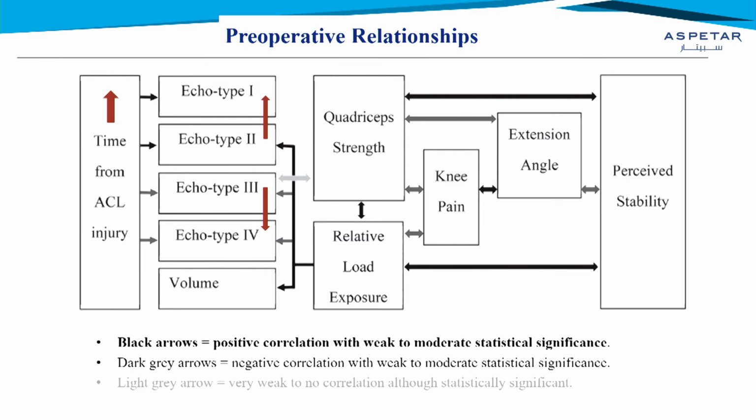So you had tendons of more echotype 1 and 2 and less echotype 3 and 4. Reduced quadriceps strength was associated with knee pain, deficit of extension, and reduced stability. While if you had stronger quads, you were loading more, you had no pain, no extension deficit and better stability. This is pre-op.